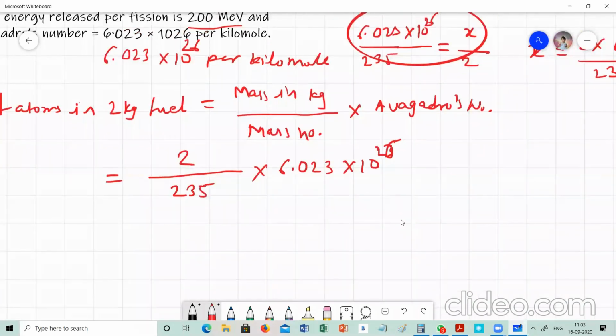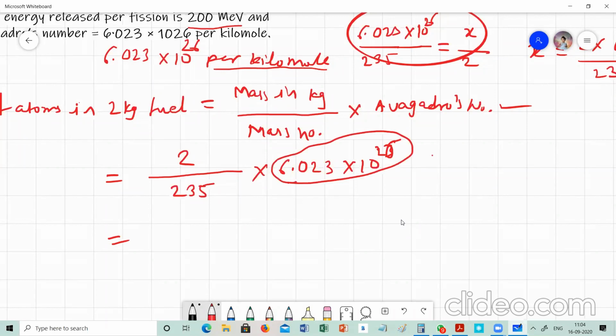You can use that formula directly if you don't remember this formula. Suppose they have given 10 raised to 23 per mole, that means 6.023 into 10 raised to 23 per mole.